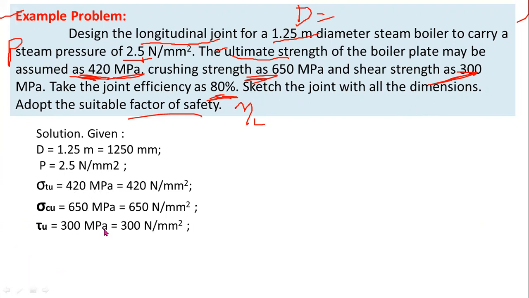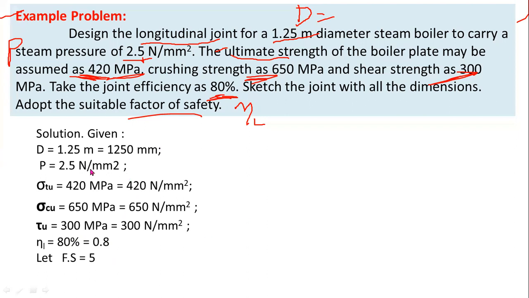Now let's consider a factor of safety Fs equal to 5. For the design of boilers, we have to select the minimum factor of safety as 5. The joint efficiency is 80%, that is 80 by 100 equal to 0.8.